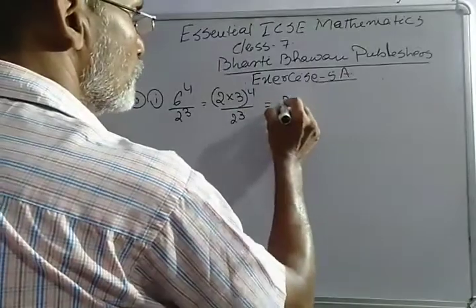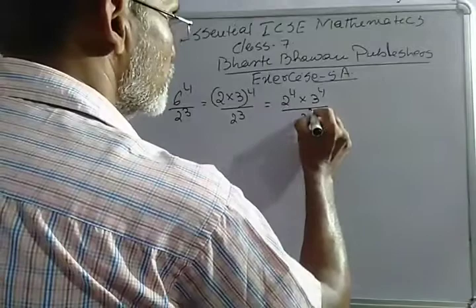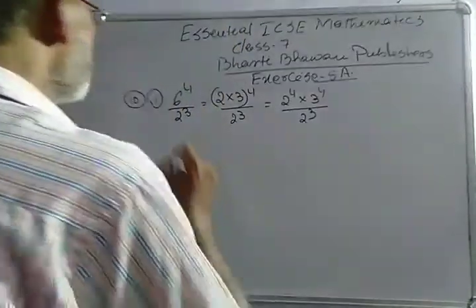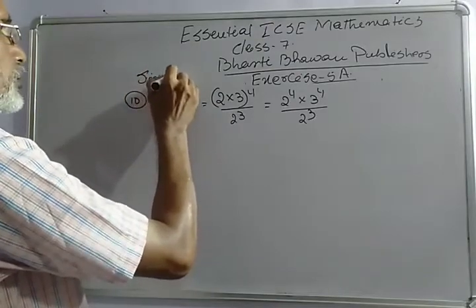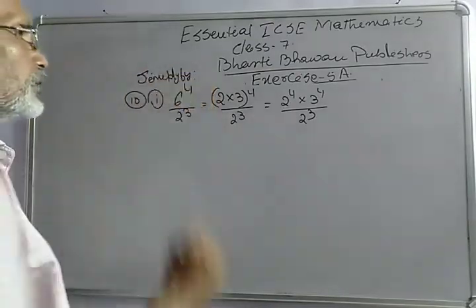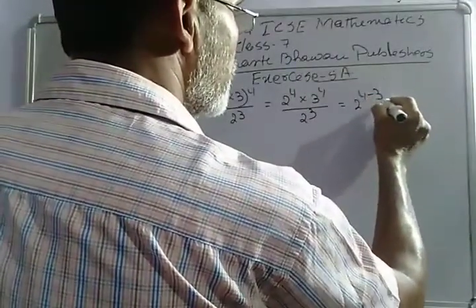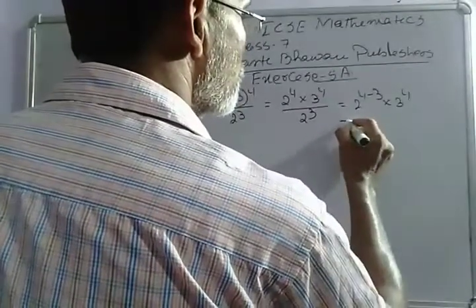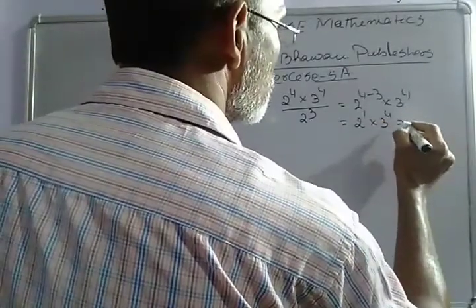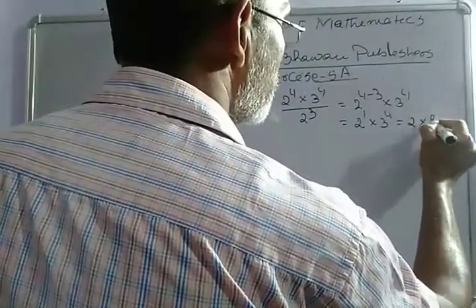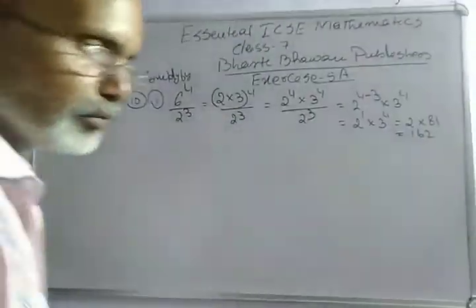So this is equal to 2^4 × 3^4 by 2^3. This is simplified. So this is equal to 2^(4-3) × 3^4. So this is equal to 2^1 × 3^4. So this is equal to 2 × 81. This is equal to 162. Number 10 bit 1 is done.